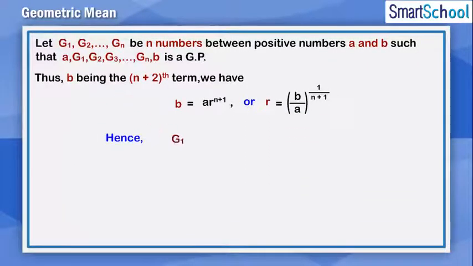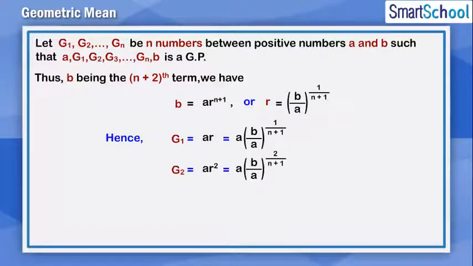Hence, G1 is equal to ar is equal to a into (b by a) raised to the power 1 upon n plus 1. G2 is equal to ar raised to the power 2 is equal to a into (b by a) raised to the power 2 upon n plus 1.